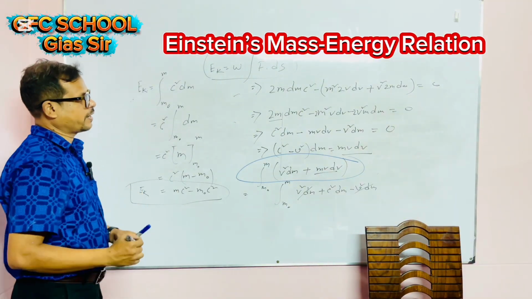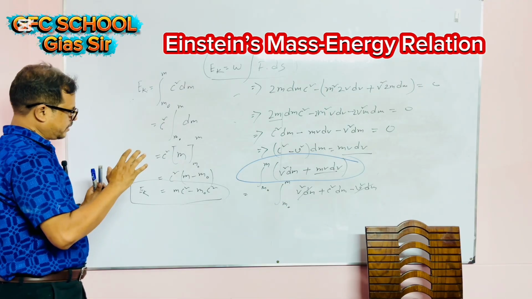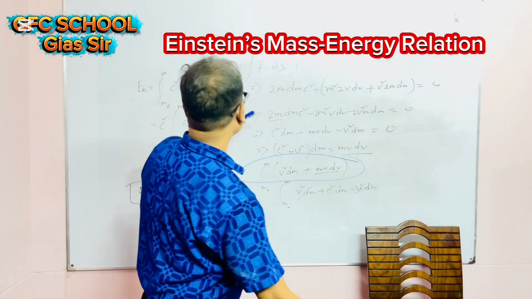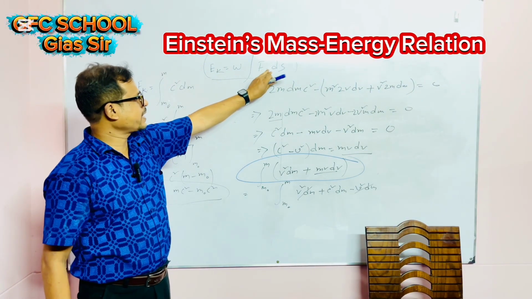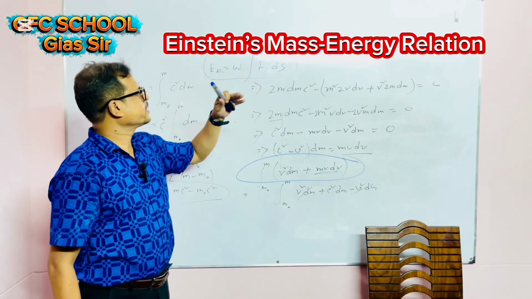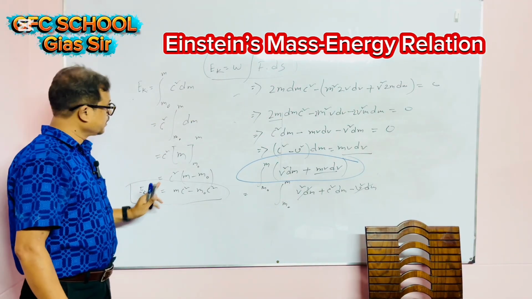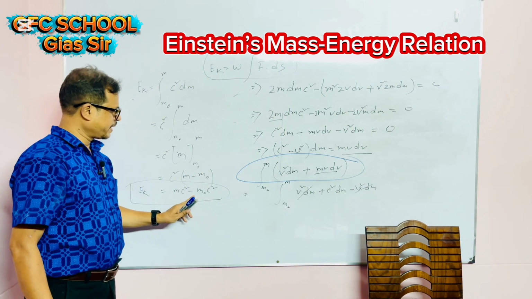So we have to remember each step for deducing this formula. Our starting line was this, and from this line through various steps we've got W, and we've got m c squared minus m naught c squared.